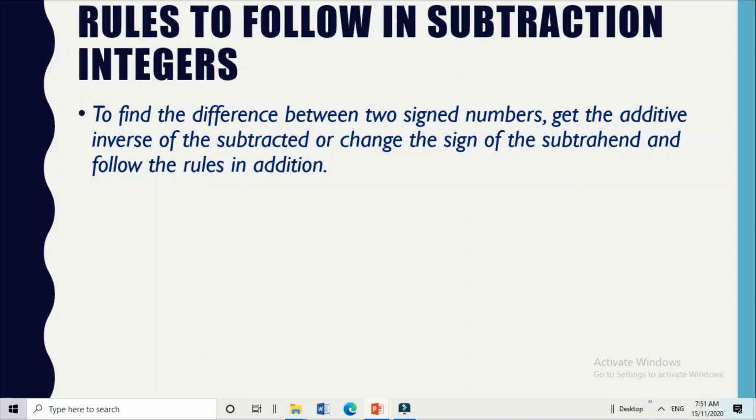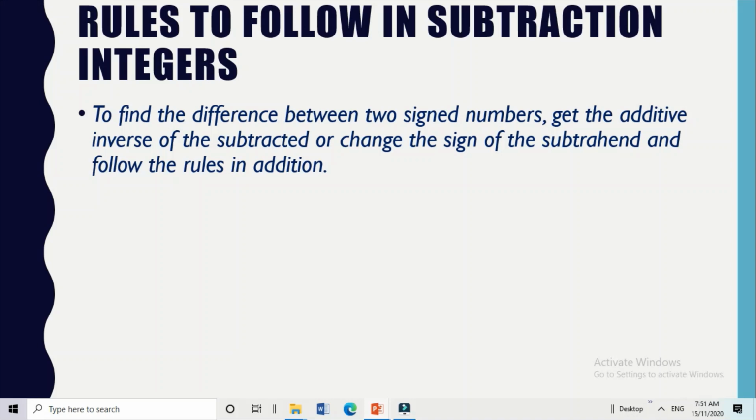Or yung number na sinubtract natin. And after you change the sign, halimbawa, from positive sign, you change it to negative sign. Or from negative sign, you change it to positive sign. After that, proceed to addition and follow the rules in addition.